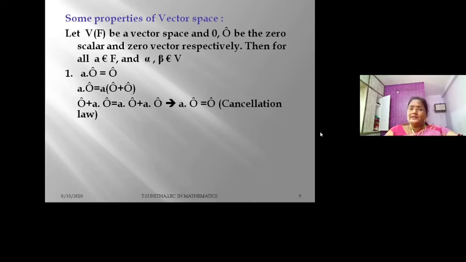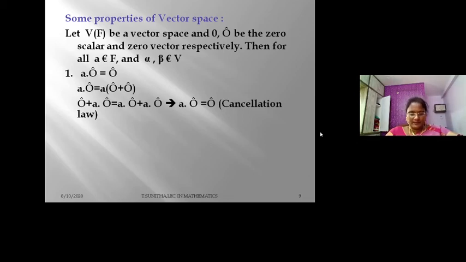Let us recall scalar multiplication. One scalar, one vector: whenever we multiply, the product must be in the vector set. Here a is a scalar, 0 is a vector, so a into 0 is equal to 0, which is a vector.